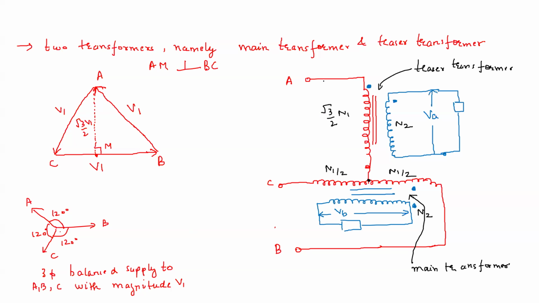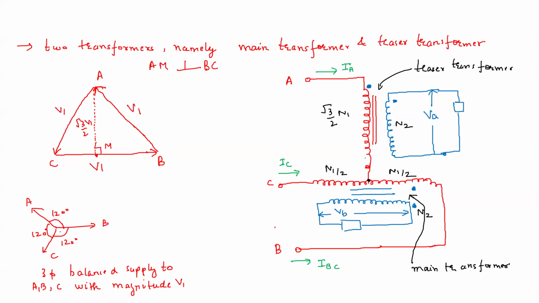Now let me mark the current directions, the currents flowing through these transformers. Here this is IA, this is IC, this is IBC.